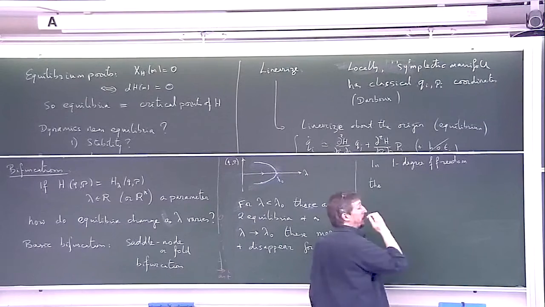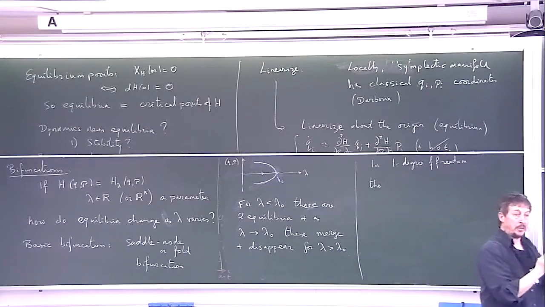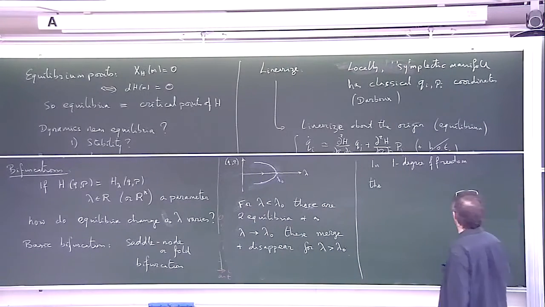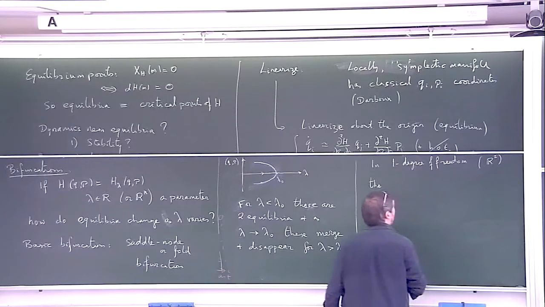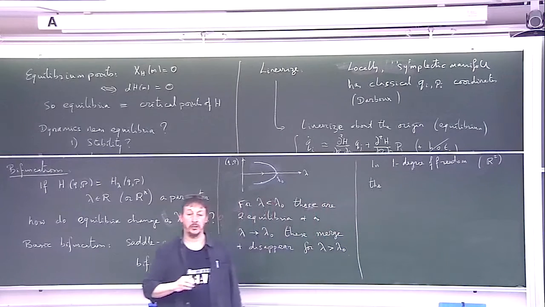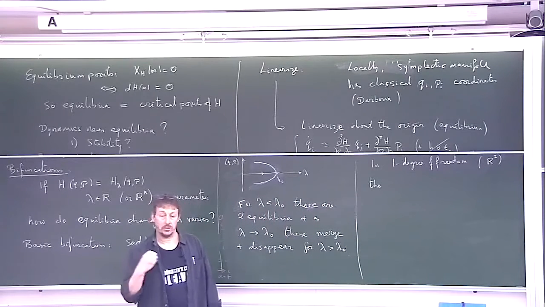And the advantage of 1 degree of freedom, which means the dynamics is in two dimensions, is we can draw pictures of the curves of the Hamiltonian, the level sets of the energy.